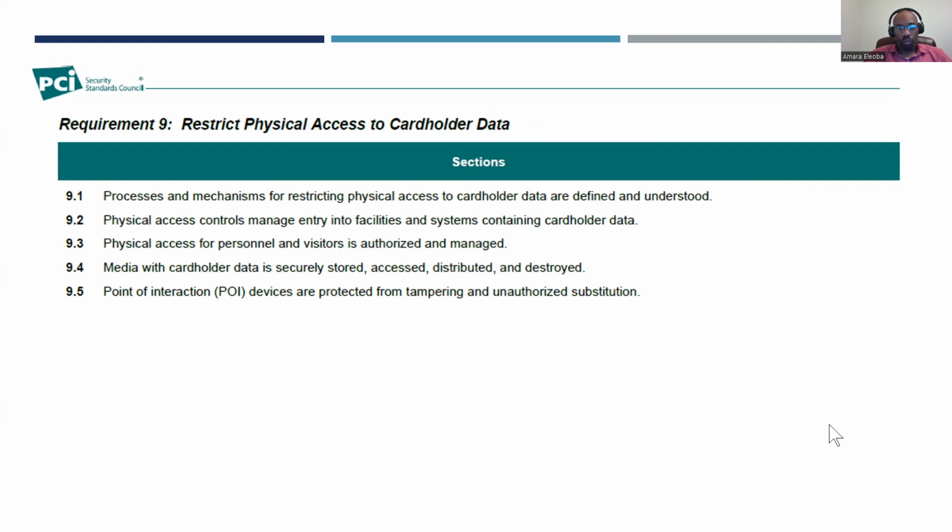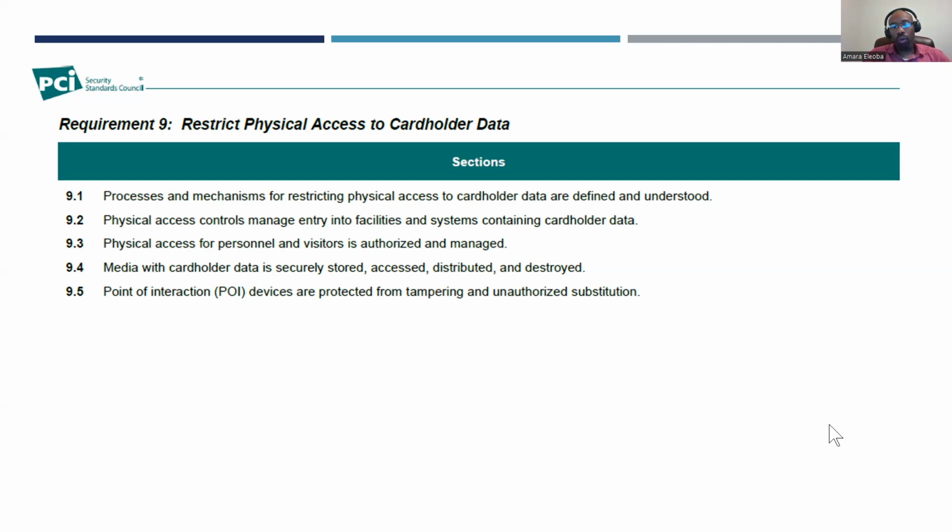Requirement 9 refers to restricting physical access to cardholder data. So 9.1, processes and mechanisms, which, like I said, is always policies. We want to make sure that the roles and responsibilities within requirement 9 for restricting physical access are defined and understood by all roles within requirement 9. 9.2 of physical access controls, we want to make sure it's managed.